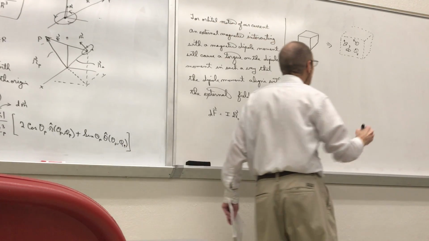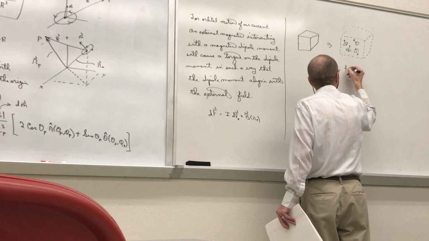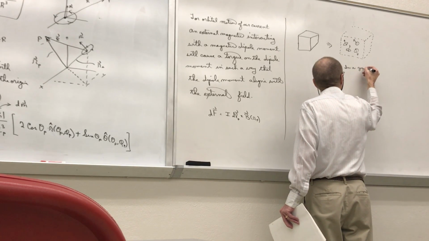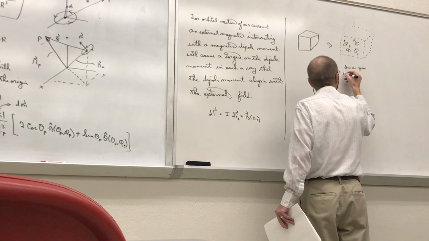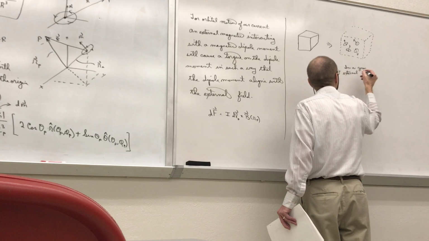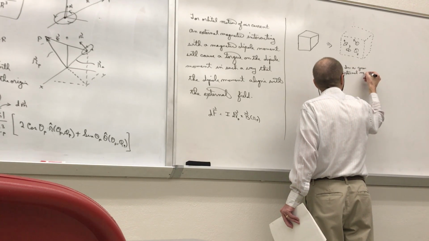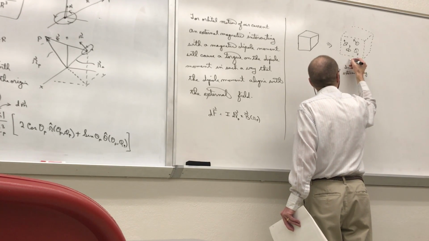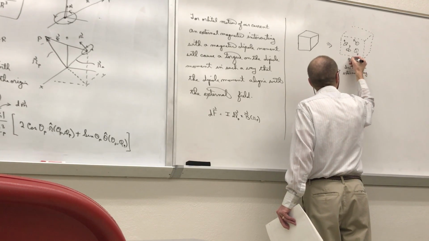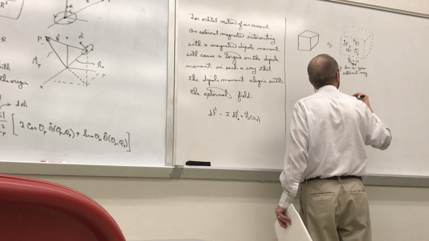And our dipole moments in a zero external magnetic field. So there is no applied field. So this will be our applied field, and our applied field is identically equal to 0.